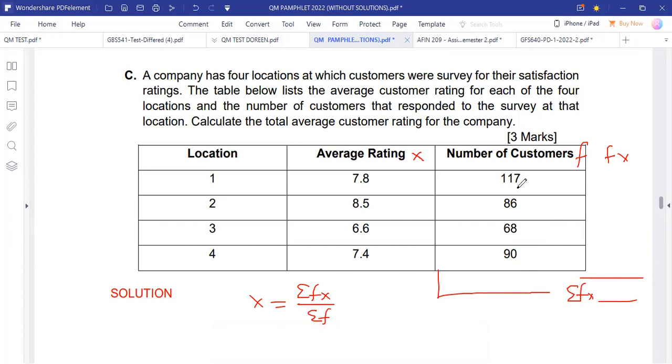So 7.8 times 117. What are we getting? 912.6. The next one: 731.